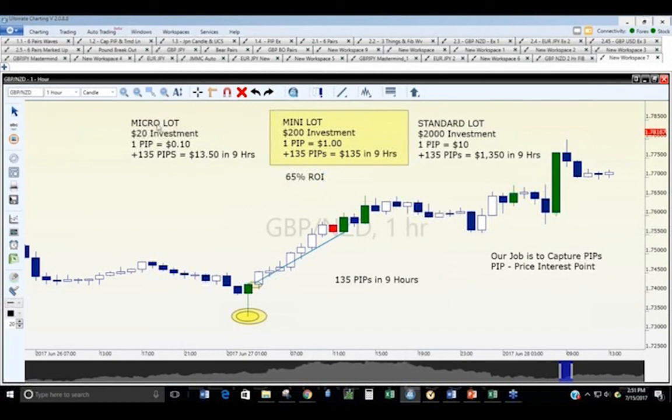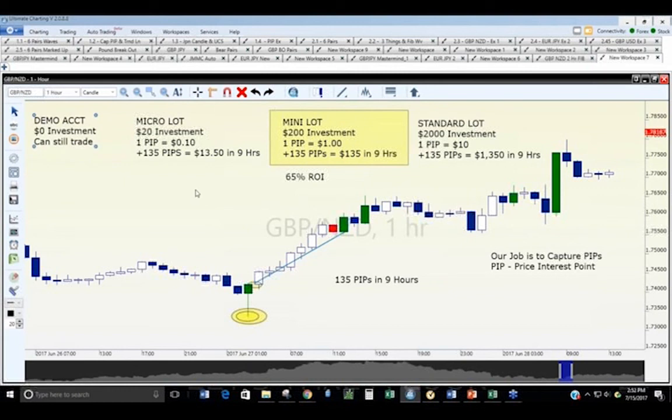Somebody asked me, do I even have to start with a micro lot? And the answer is no. This is where we were talking about the demo account. In that one, you could actually start with a 0 investment and you can still trade. You still place the trades, and you would have the same 135 pips of movement.